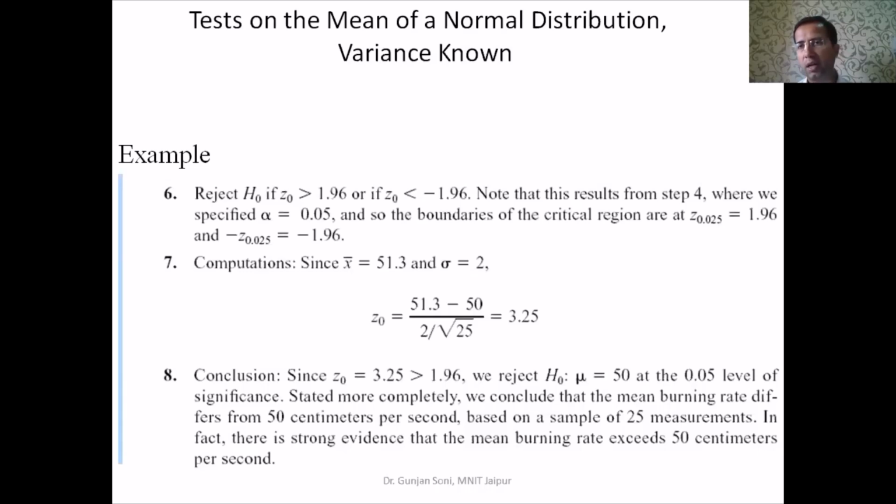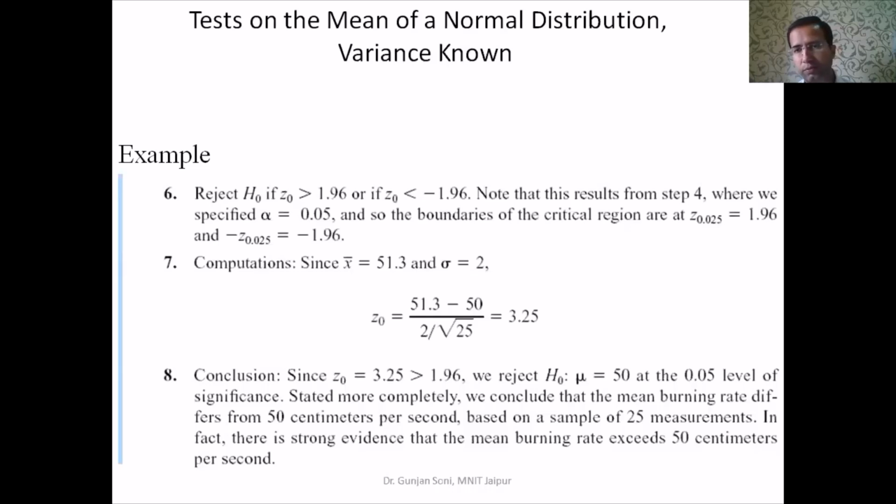You never say I accept or reject null hypothesis. Why? Because it is still based on sampling. It is quite possible that I may draw a sample which may not convey the same conclusion which I've got right now, but the chances are pretty less.